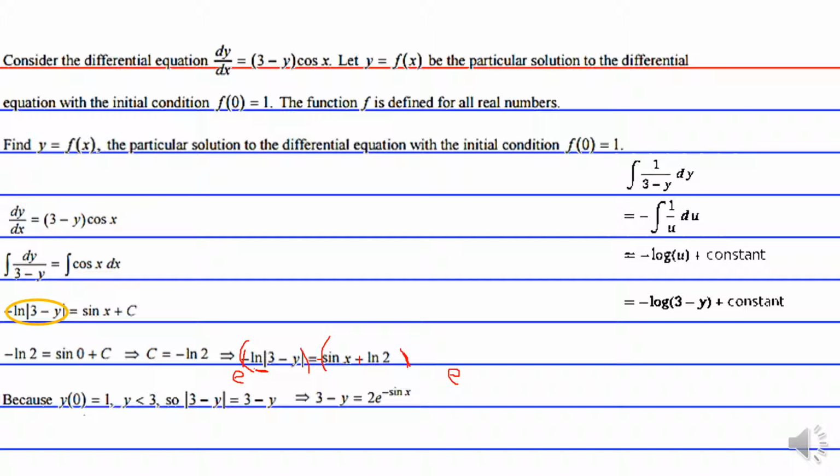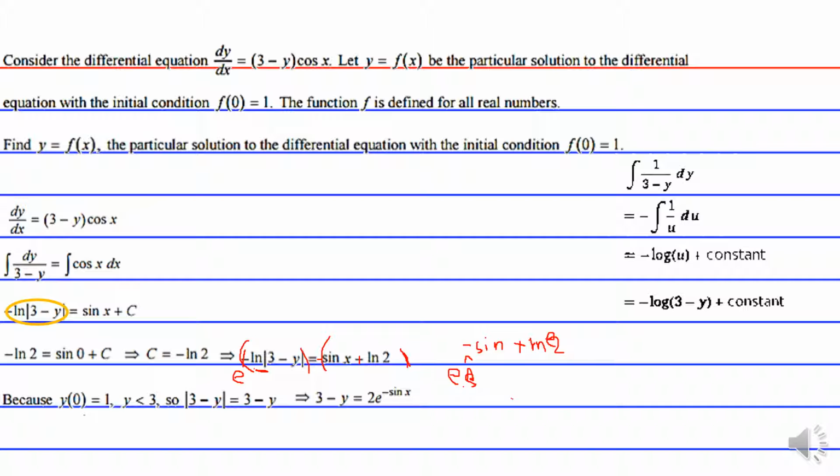And so we have e raised to the negative sine of x plus the natural log of 2, that's supposed to be a 2 over root of e.